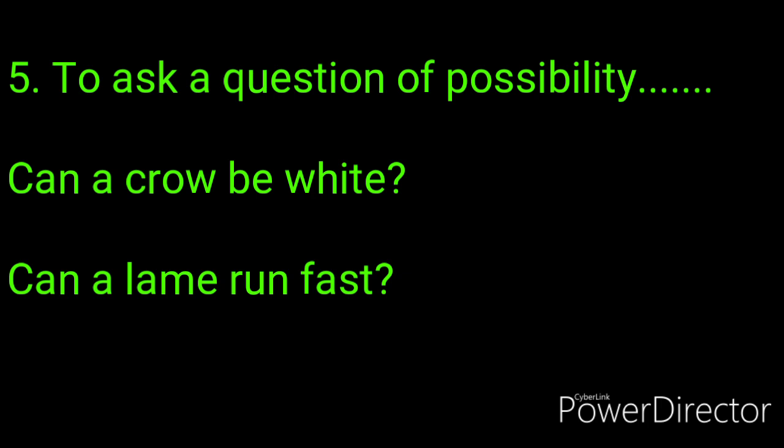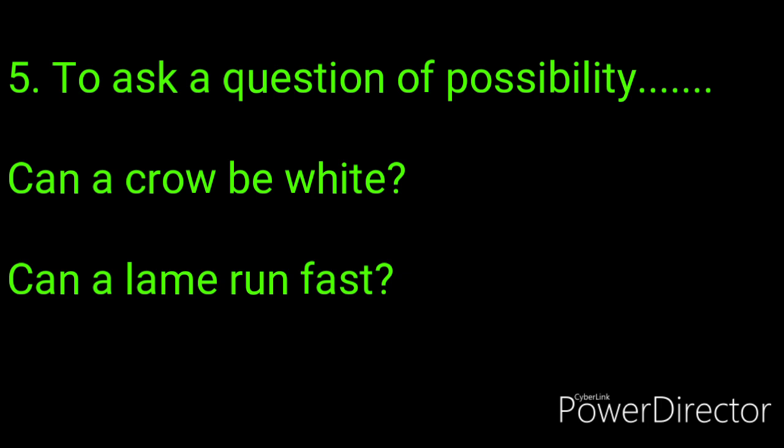In the first question, can a crow be white? It is not likely that a crow would be white. But here the speaker is asking a question about the possibility of a crow being white in color. So here we have to use the modal can. In the next one, can a lamb run fast?